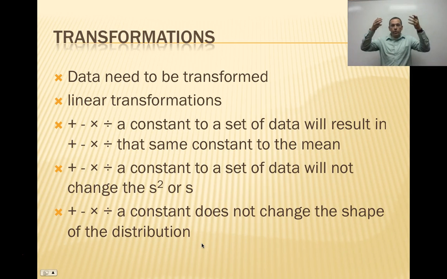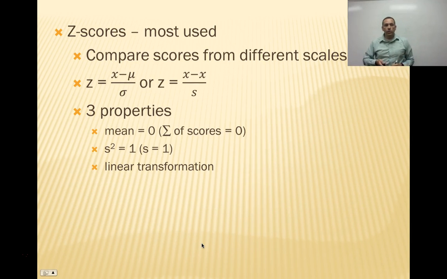What we're going to do is create a new scale where we can compare the mean ACT scores to the mean GRE scores and try to align those and see how the distribution shapes up. The most common way to do this is through z-scores, which gives us the ability to compare values from different scales.